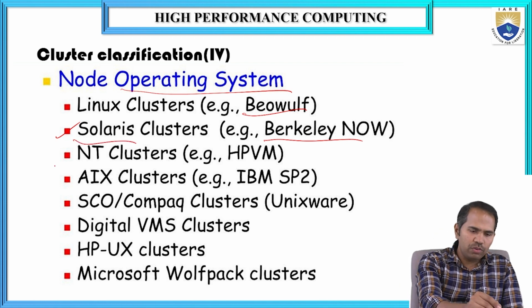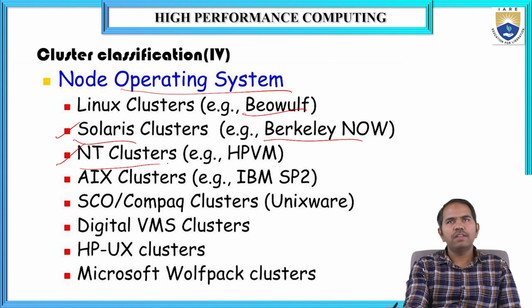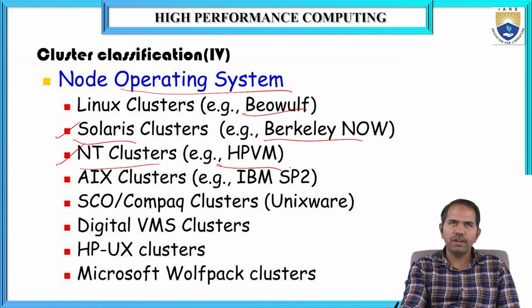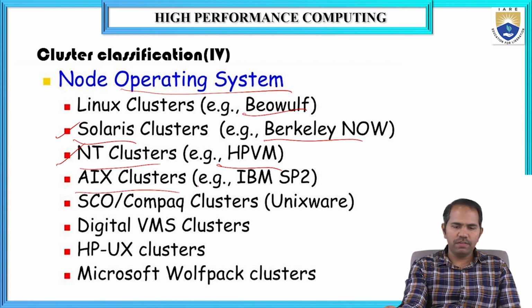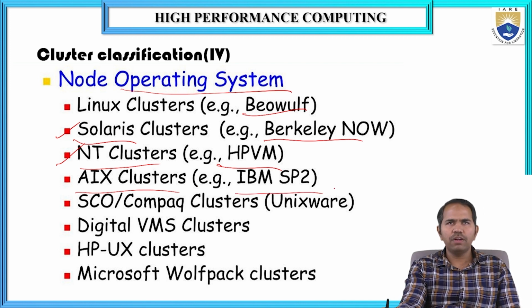The third is NT clusters, for example high performance virtual machines, which use NT operating systems. And AIX clusters, for example IBM SP2, use AIX operating systems.